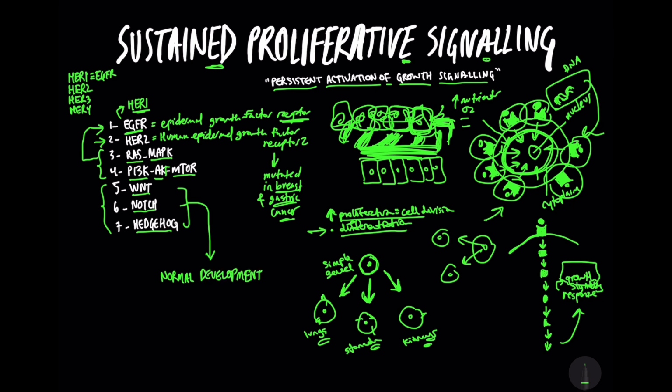And of course, these are going to be mutated in cancer. So just to mention that as well, we have many different types of signaling, and this is not an exhaustive list.